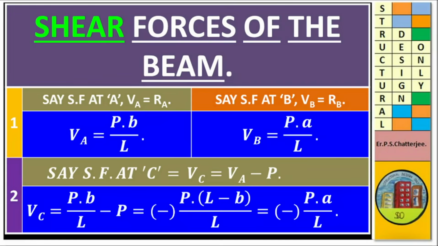VA is equal to P into B by L, and VB is equal to P into A by L. Shear force at C is equal to VC is equal to VA minus P. VC is equal to P into B by L minus P is equal to minus P into L minus B by L is equal to minus P into A by L, because we know L is equal to A plus B. By substituting the value of L as A plus B, we have P into A by L.